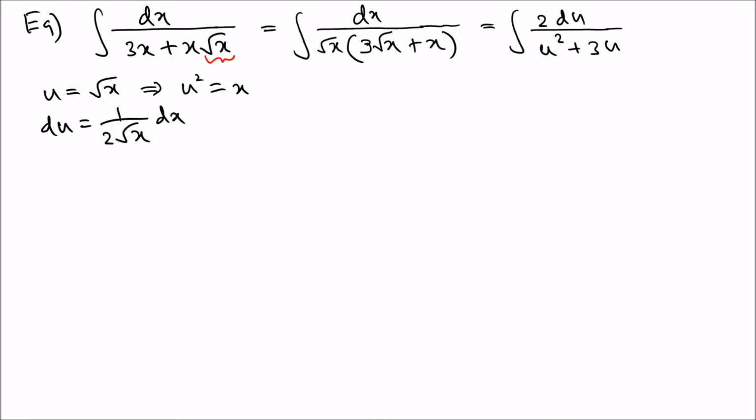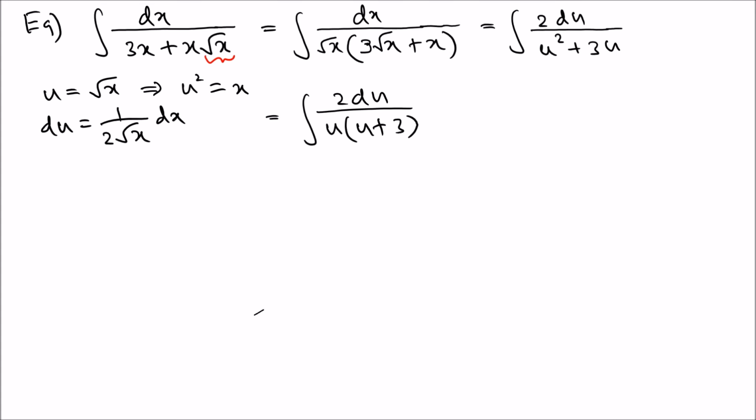That's what you get. And you can see this is a simple partial fraction problem. The reason is you can easily factor this. So it's 2 du, and in the bottom you can factor as u times u plus 3. So we're going to go for partial fractions.